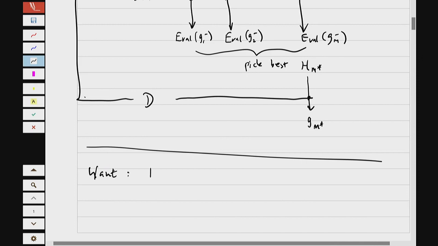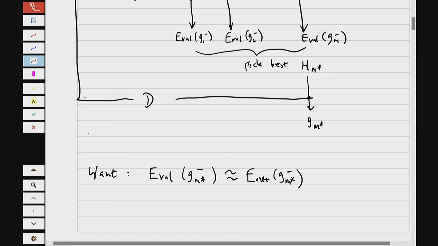What we want is that this validation error for the g_m star that you pick is approximately equal to the test error for the same g_m star minus.